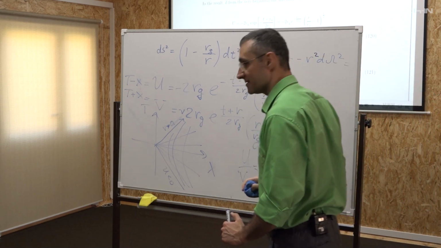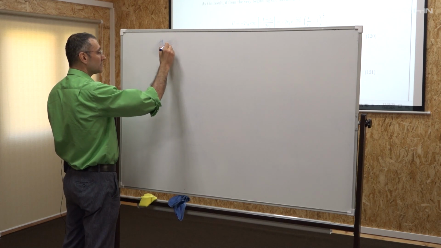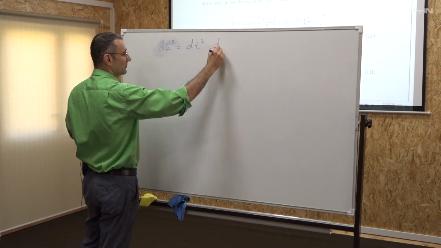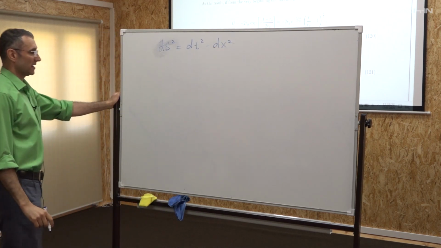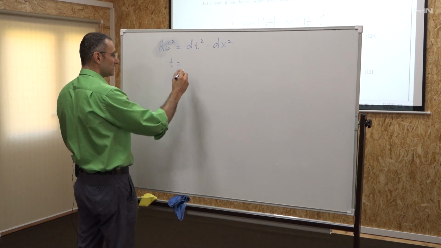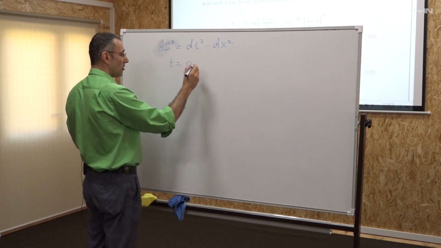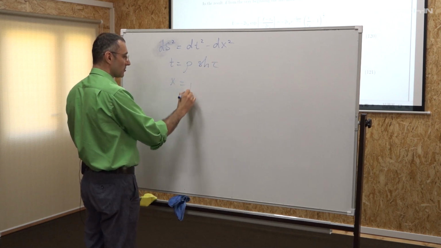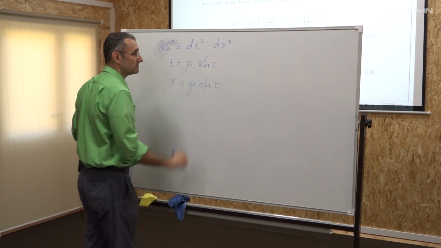So I am erasing this. What did I do at the very beginning of the previous lecture? I will restrict myself to the two-dimensional case first. I did the coordinate change like this: t equals rho sinh of tau, x equals rho cosh of tau.